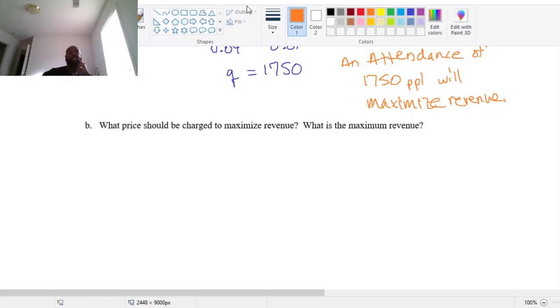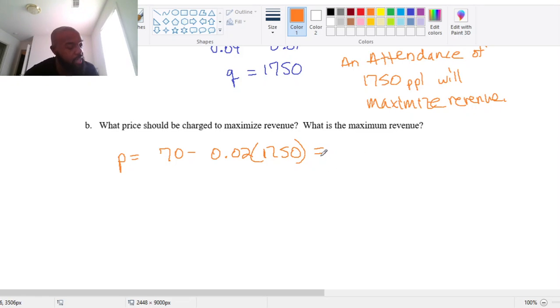So our price is going to be 70 minus 0.02 times 1,750, which I found to be 35. And since that is a price, my units here would be dollars. So the price that should be charged to maximize revenue is $35.